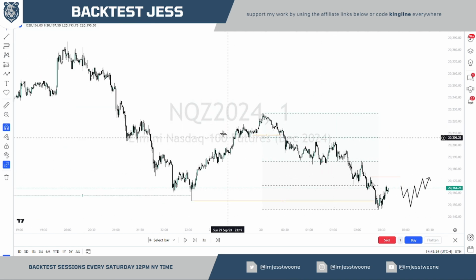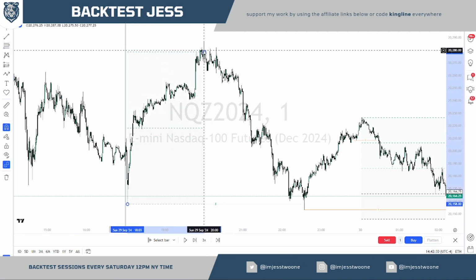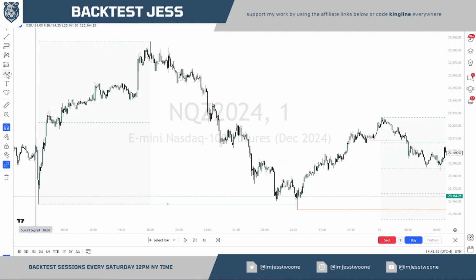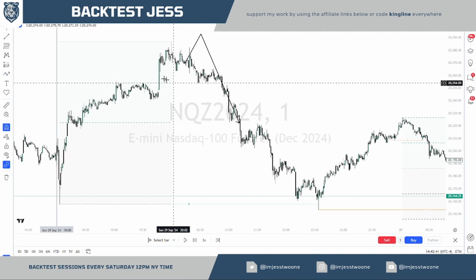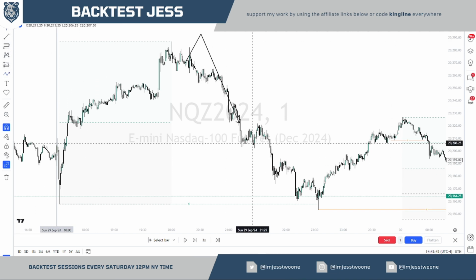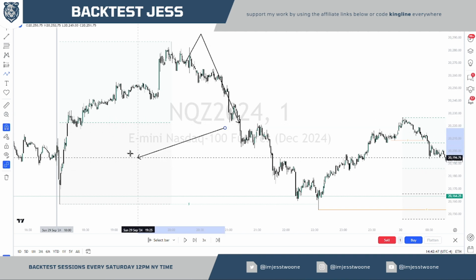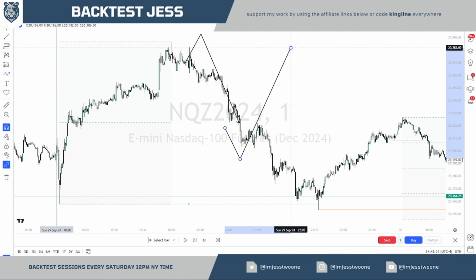Going back to the idea of trading through equilibrium, or trading internal to external range, I find that trading external to internal is easier because equilibrium is very reliable. If I were trading internal to external, I would have placed an entry at equilibrium at any one of the OTE areas in here, and then try to just trade to this external range.